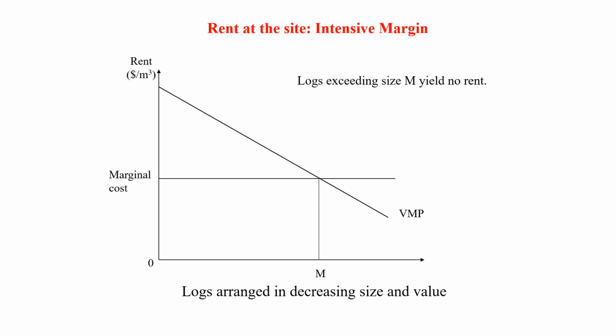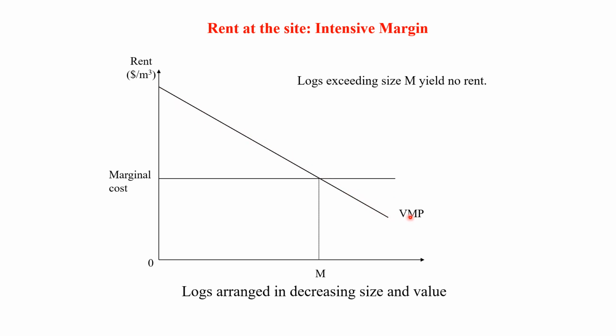If we look at a particular site, however, we can find the intensive margin. So again, we have the rent up here. This time, on a particular forest site where we're going to harvest, we have logs arranged in decreasing size and value. This is the marginal cost of harvesting the logs. We could easily make that marginal cost upward sloping if you like. It doesn't change the argument. This is the value of the marginal product.